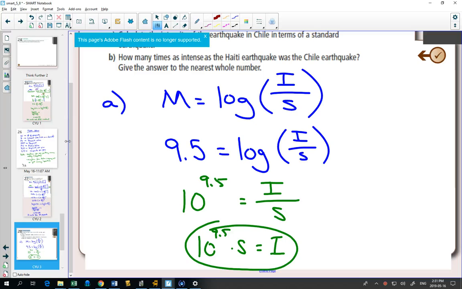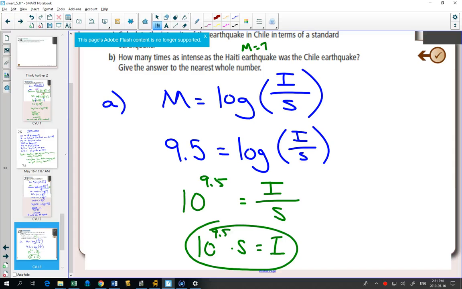How many times as intense as the Haiti earthquake? And the Haiti earthquake was given in the question beside, which had a magnitude of 7. How many more times as intense was the Chilean earthquake compared to the Haiti earthquake?